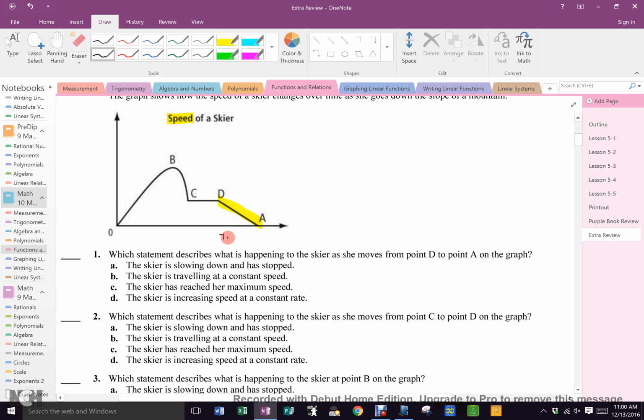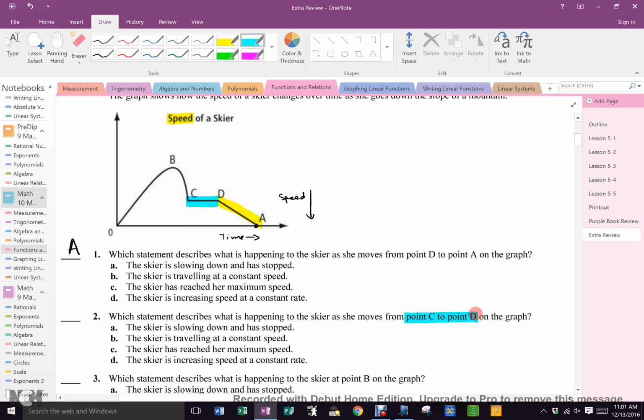So while time moves on, his speed drops to the point here where he's got zero speed. So this has to be A. C to D, right here.